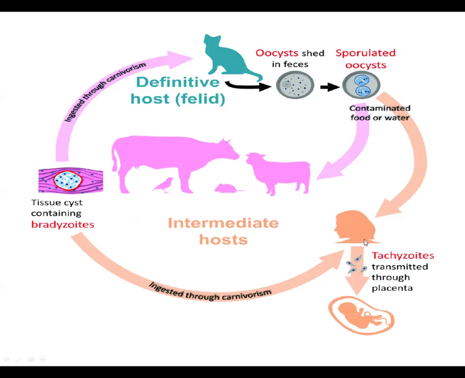Once they enter the body, they are present in the form of tachyzoites. These tachyzoites can cross the placenta and can affect the fetus. But the bradyzoites, which are present in the tissue, cannot cross the placenta and cannot infect the fetus.